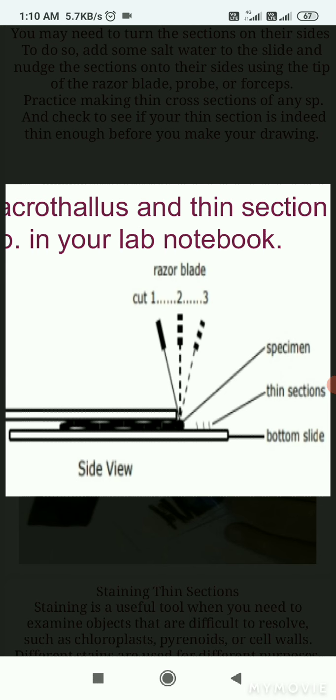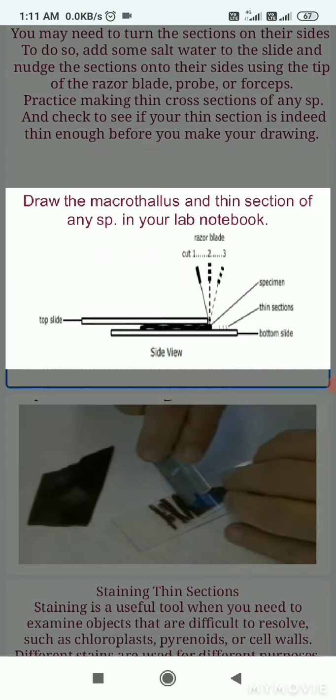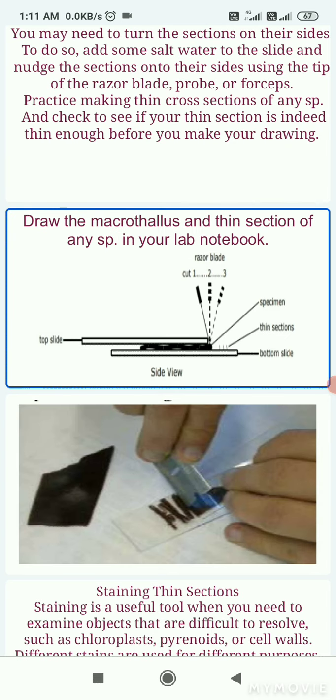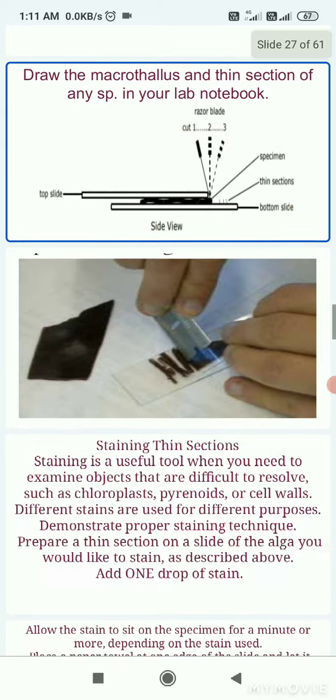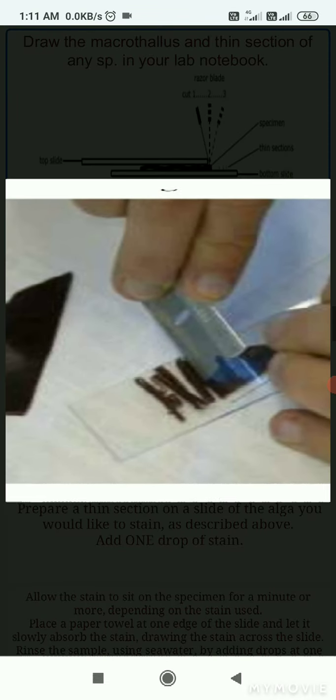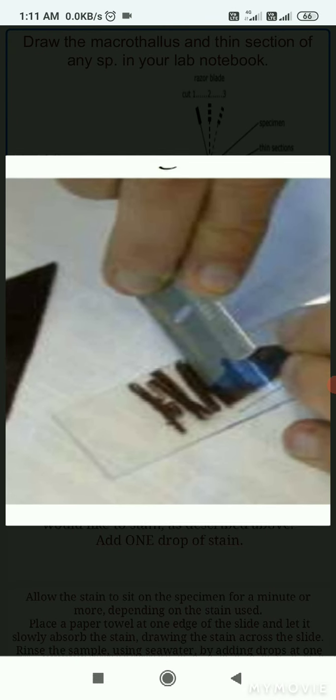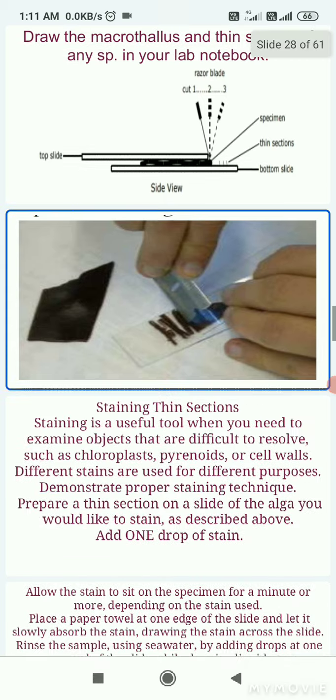So here is the razor blade which can make the first cut, second cut and third cut, and in this way we have to take thin sections with the help of the razor blade. This is the diagrammatic representation, and this is the actual practice of thin section making.